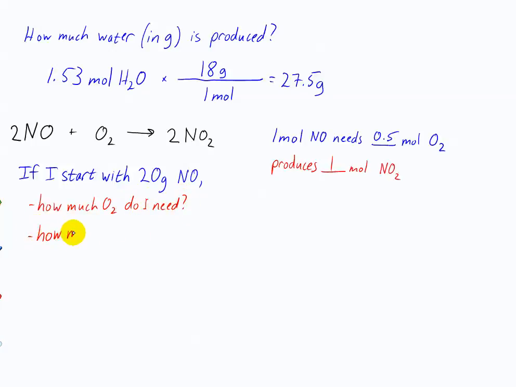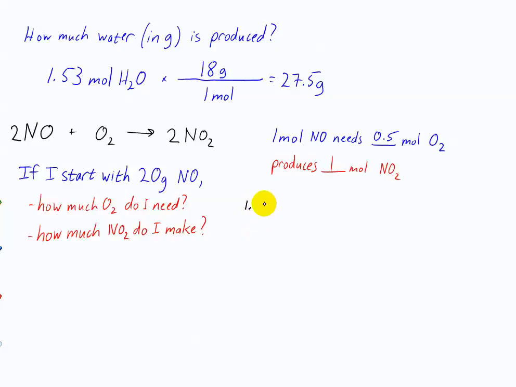And how much nitrogen dioxide do I make? So this problem requires a couple steps. First of all, notice that we're in grams, so we can't do anything while we're in grams because these equivalences are all based on molecules or moles. So our first step is always going to be convert the initial amount in grams to moles.